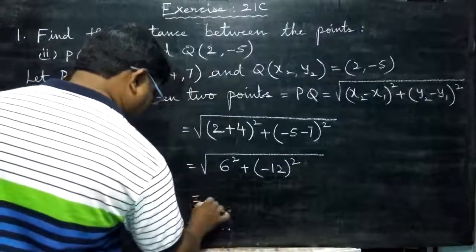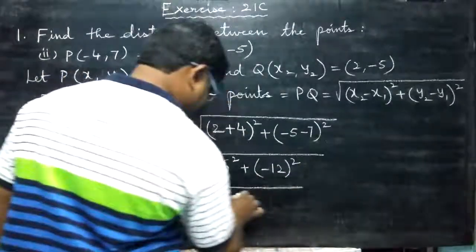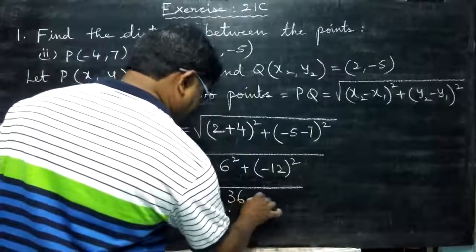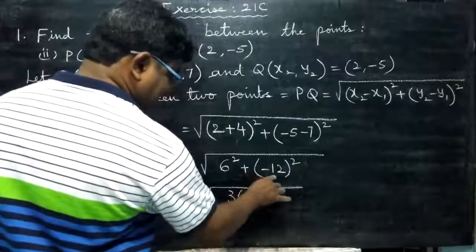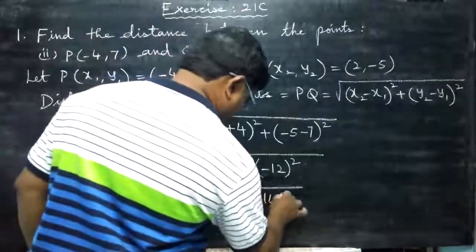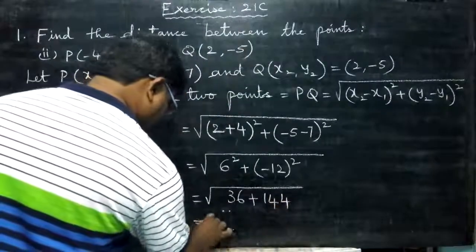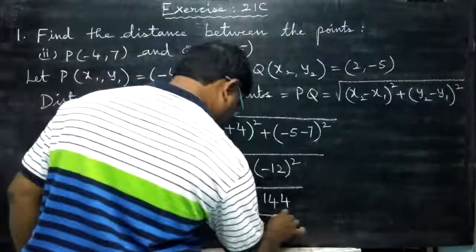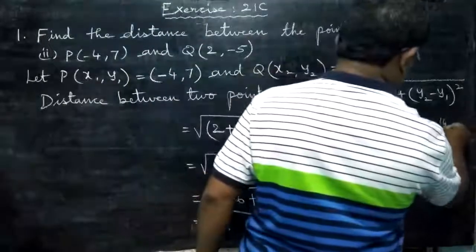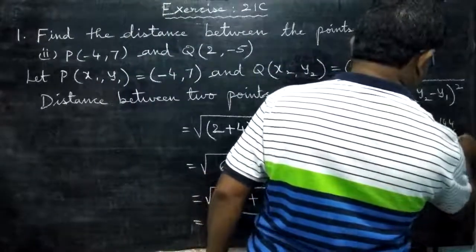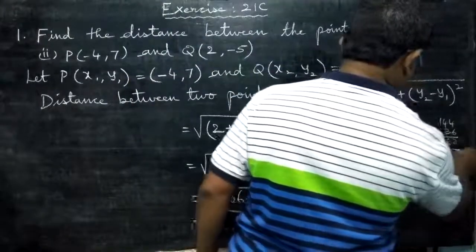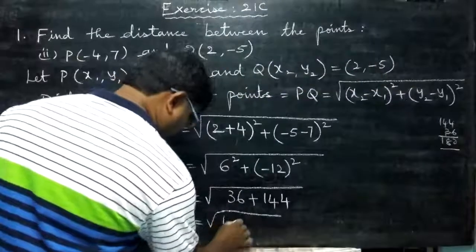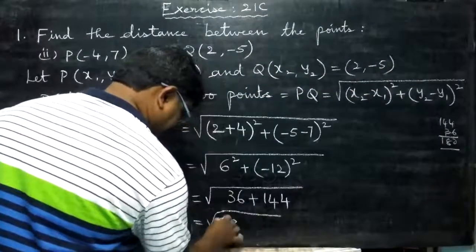That is equal to square root of 6 sixes are 36 plus minus into minus plus, 12 twelves are 144. Add 144 plus 36, 180. Square root of 180.